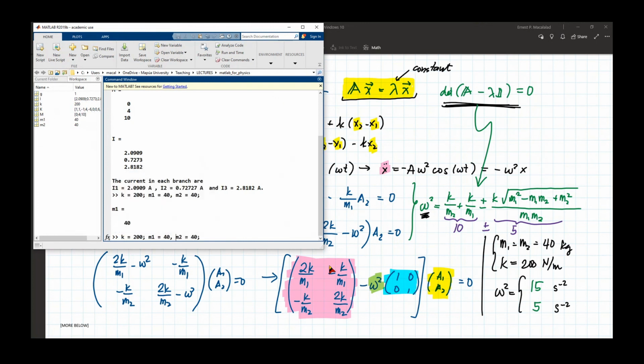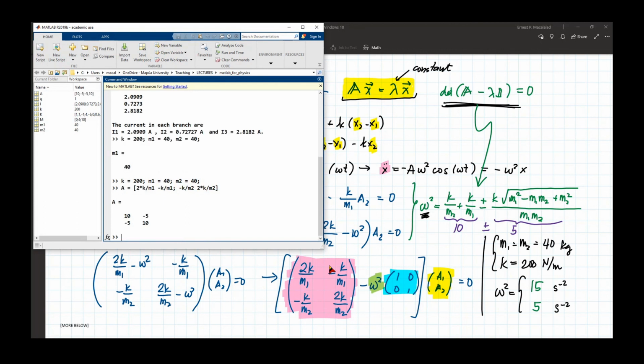Okay, and then A would be 2 times K divided by M1, then minus K over M1, then negative K divided by M2, and then 2 times K divided by M2. This is your A matrix.